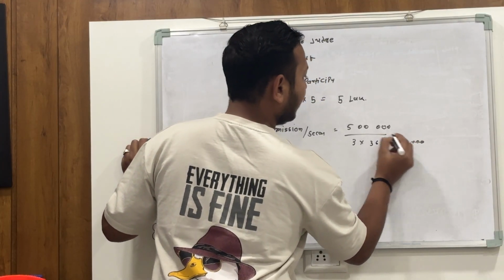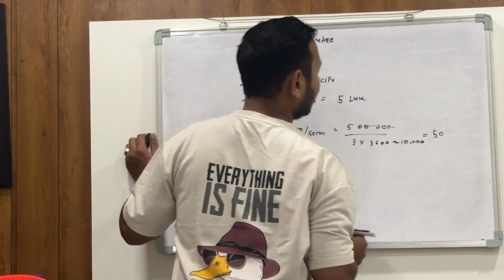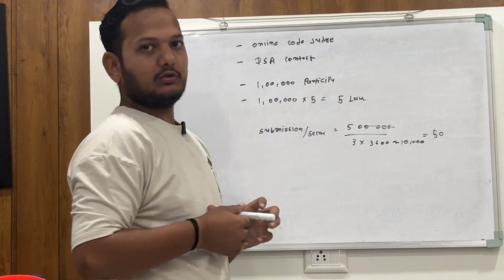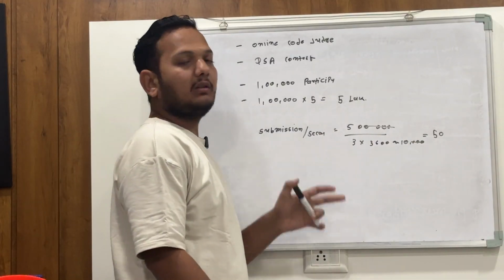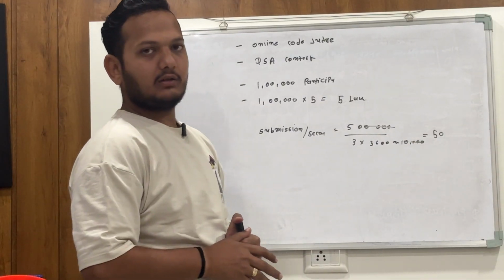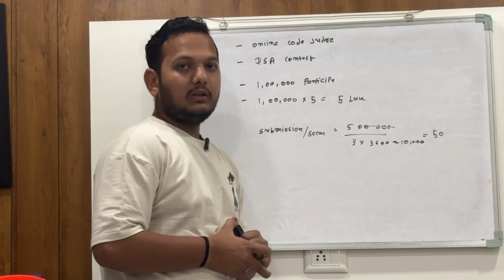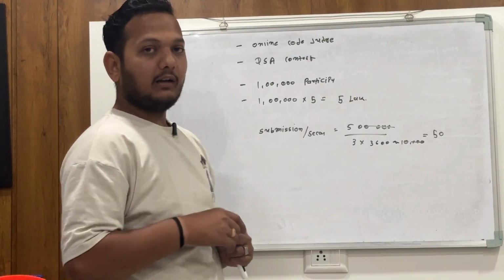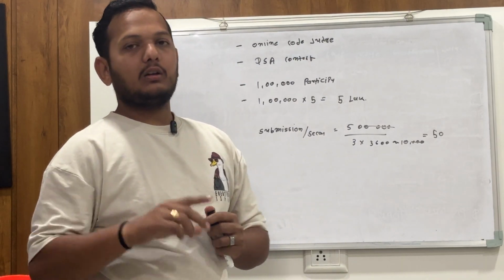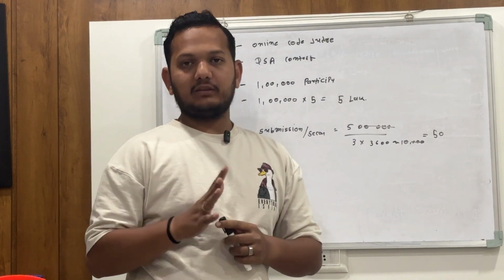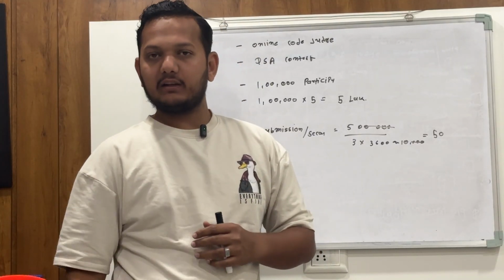So in the online code judge software, we have to evaluate 50 submissions per second, right? Now let's say for every submission, the server will take 10 seconds to execute because there are lots of test cases, right?